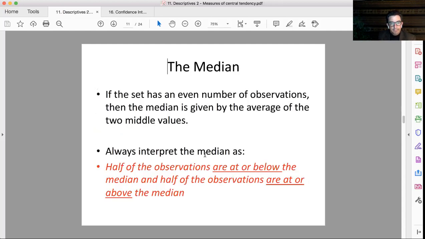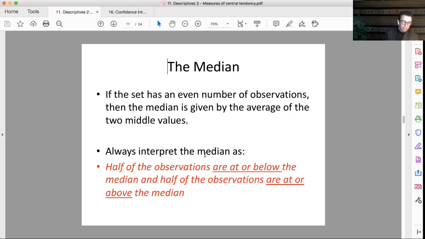So how do we interpret the median here? Well, if you look at the red text, that's how I want you to interpret any median. I want you to say that half of the observations are at or below the median, and half of the observations are at or above the median.